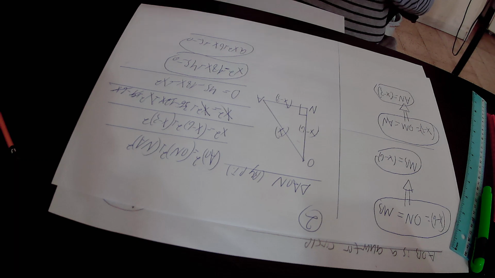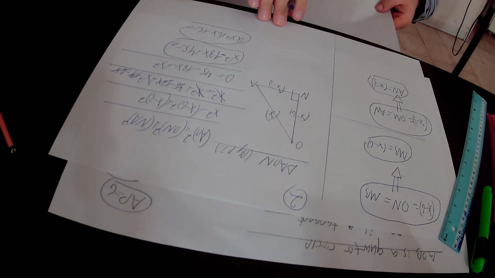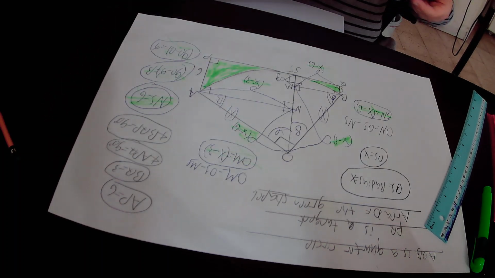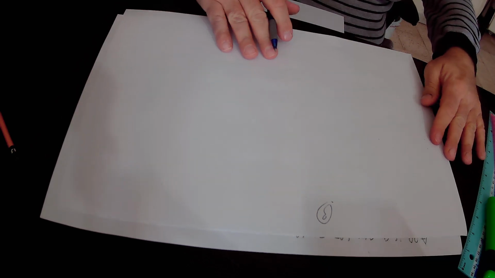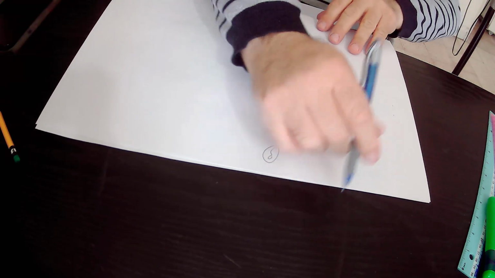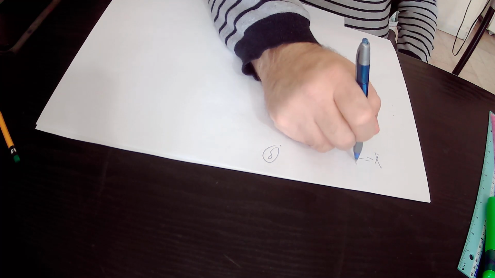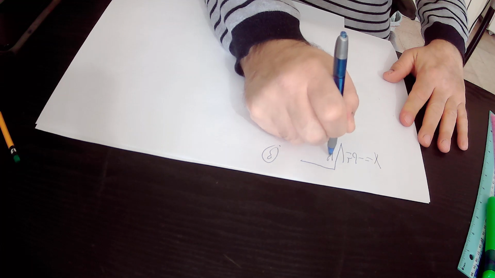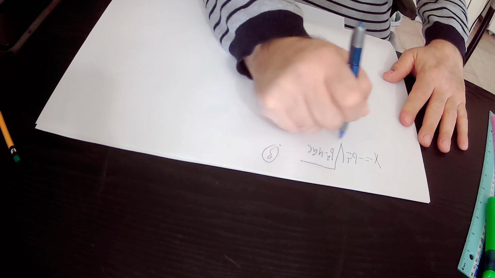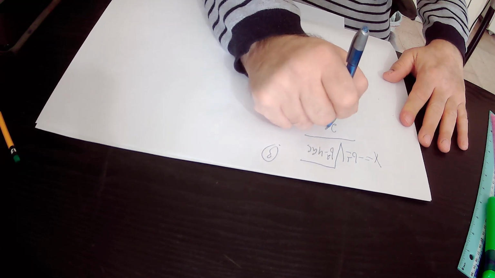And we find out the value of x according to the following formula. x equals minus b plus or minus square root of b squared minus 4 times a times c, over 2a.